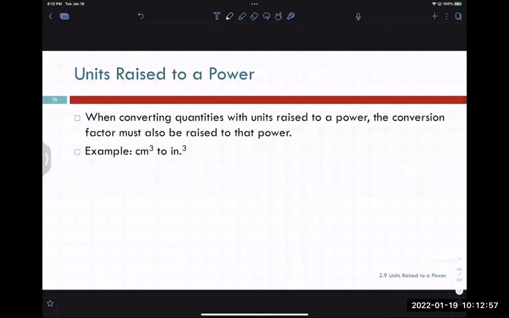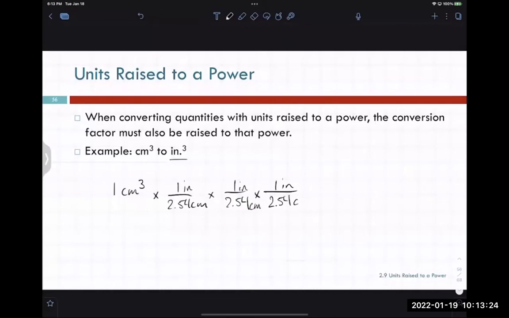So if we wanted to convert 1 centimeter cubed to inches cubed, we would have to either do this conversion 3 times. So inch over 2.54 centimeters times 1 inch over 2.54 centimeters, so we do it 3 times like that.